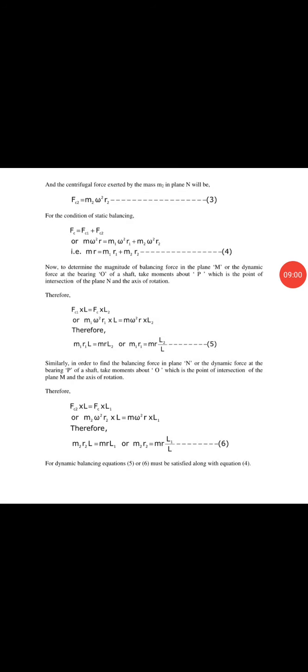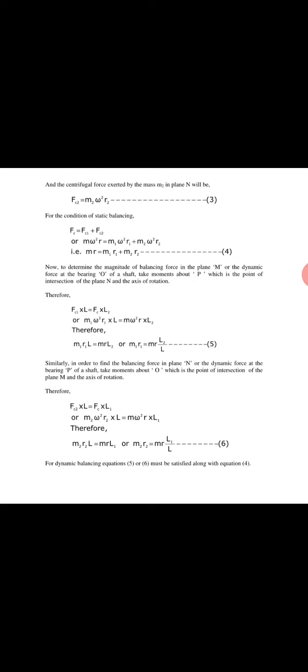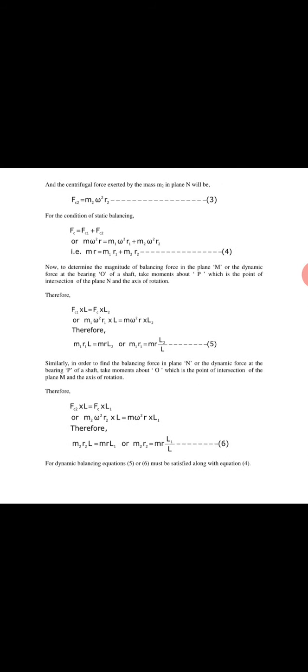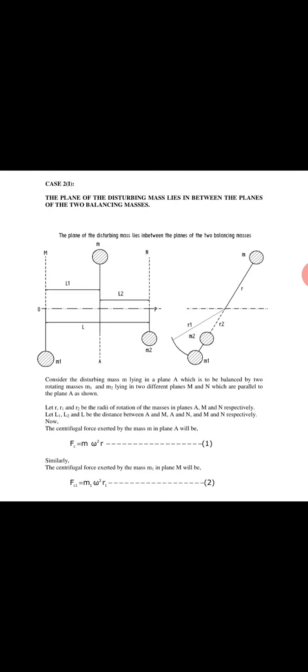Now, to determine the magnitude of the balancing force in the plane M, or the dynamic force at the bearing O, we have to take moments about P, which is the point of intersection of plane N and the axis of rotation. So the centrifugal force F1 into L should be equal to the centrifugal force F into L2.